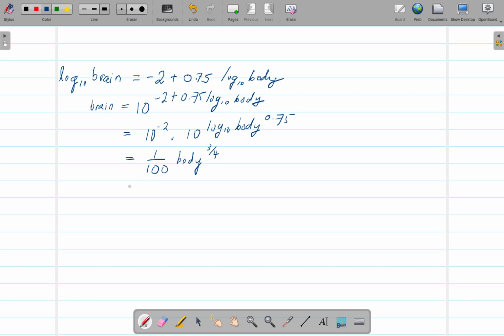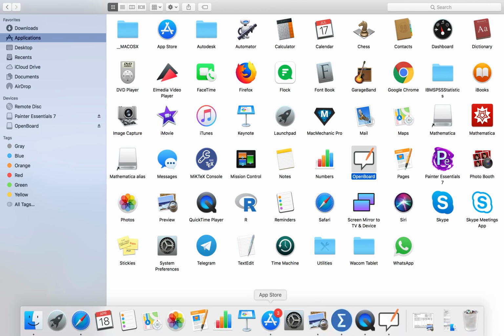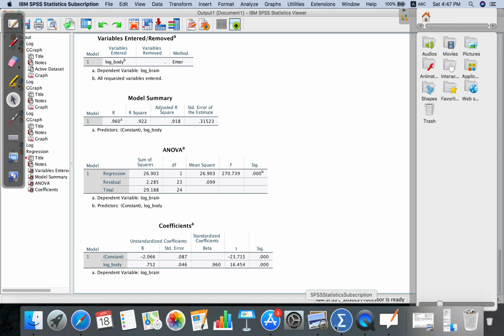Okay, so let's get back to the model just now. Okay, this is our model.